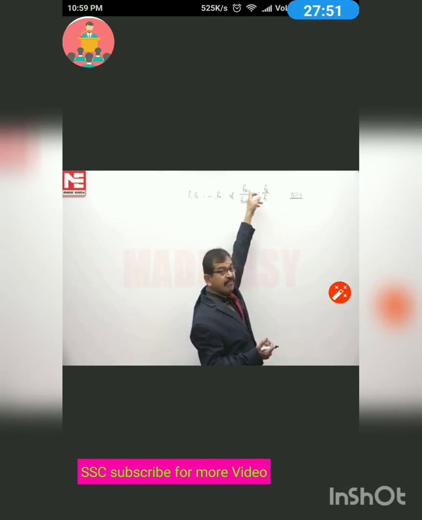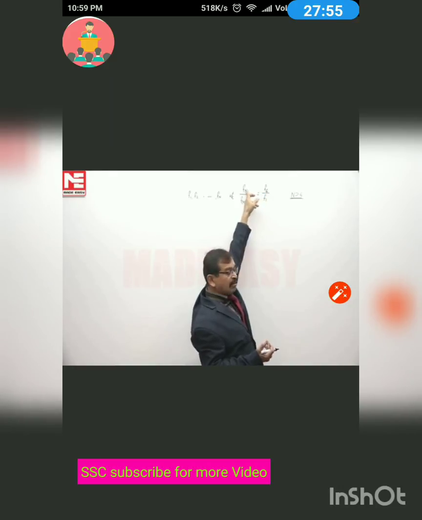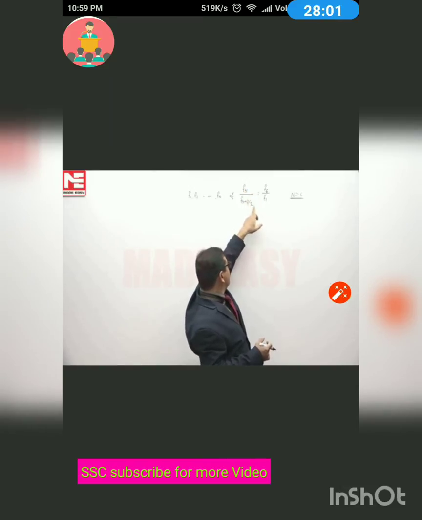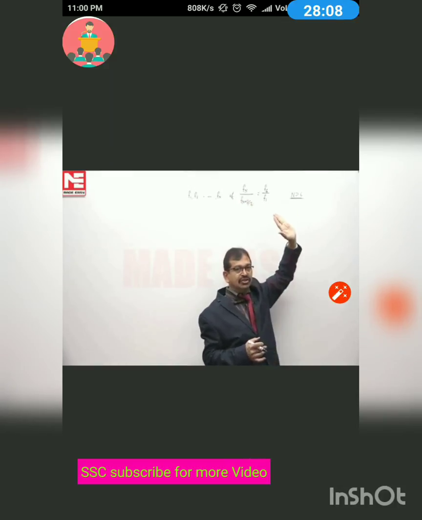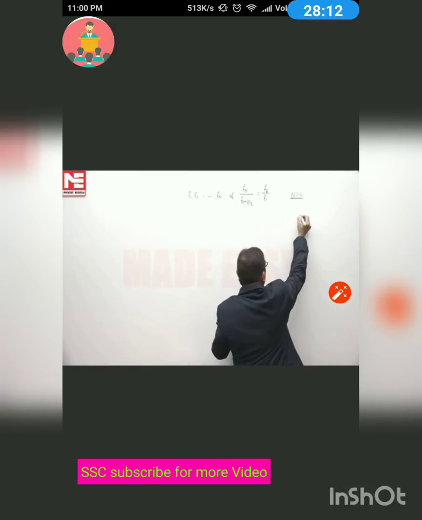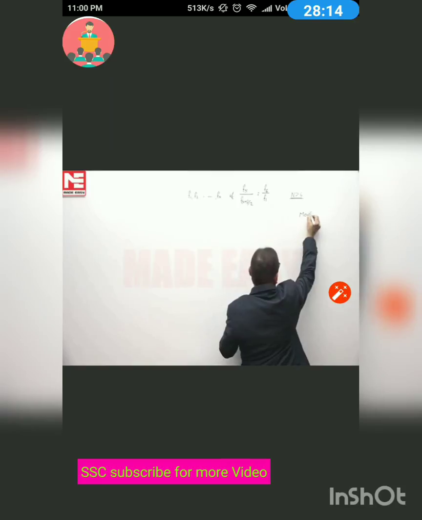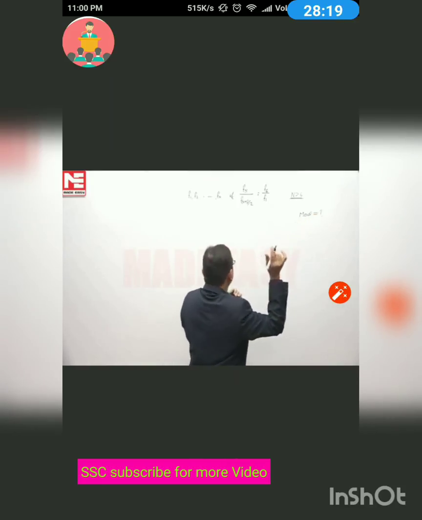Similarly, Fn is the frequency of the nth flip-flop output, and F(n+1)/2 is the frequency of the (n+1)/2 flip-flop output. And here we have a question: what is the mod value of this counter? We need to recognize the mod value of this ripple counter.